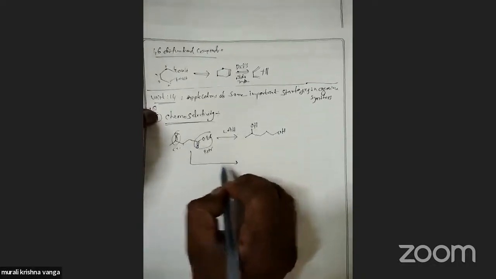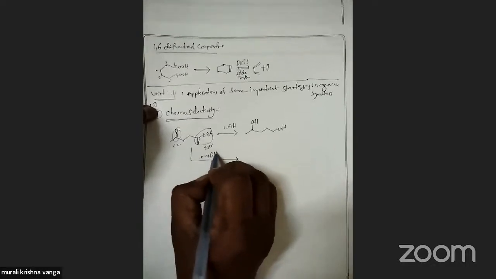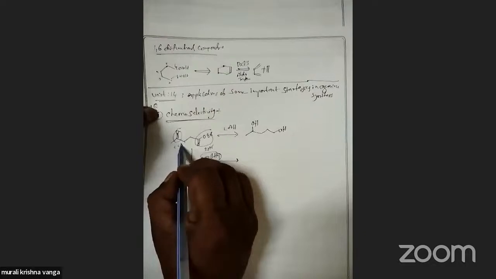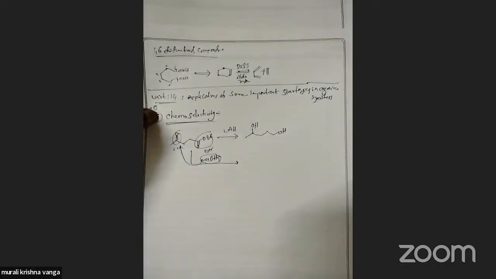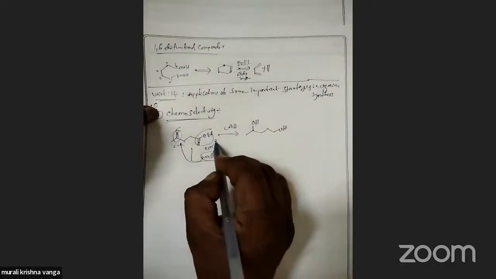When it reacts with sodium borohydride, it preferentially reacts with the ketone, leaving the other competitive functional group, the ester.